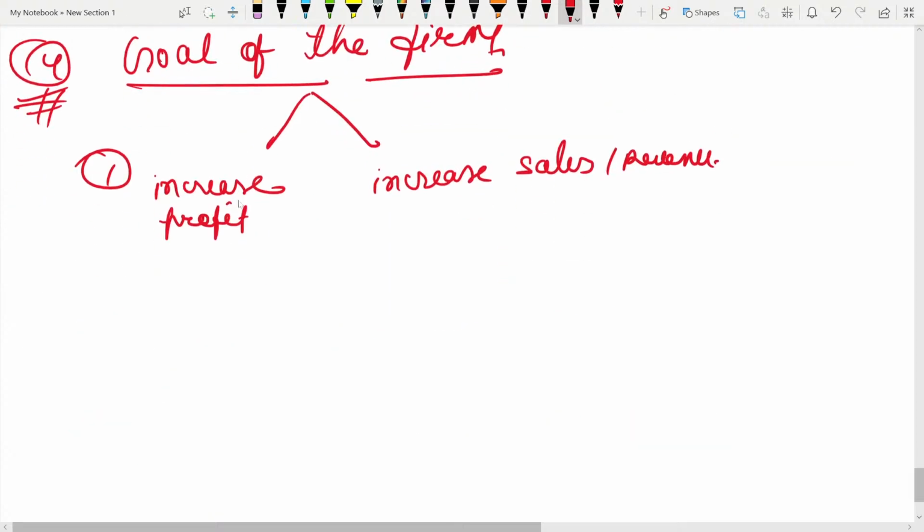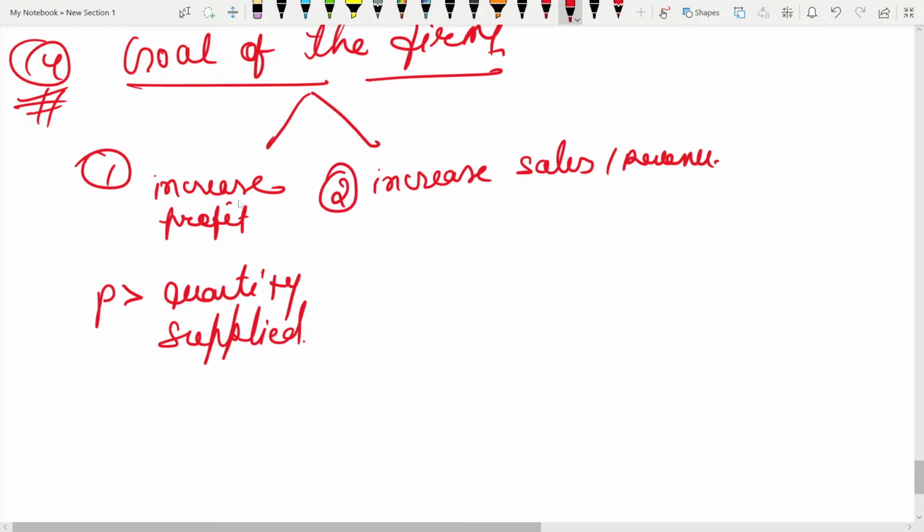What can happen in these situations? In the first situation, if the producer wants to increase his profit, price will be greater and quantity supplied lower. This will be the first case. In the second case, price would be less and quantity supplied will be more. Quantities supplied by producers will be very great.